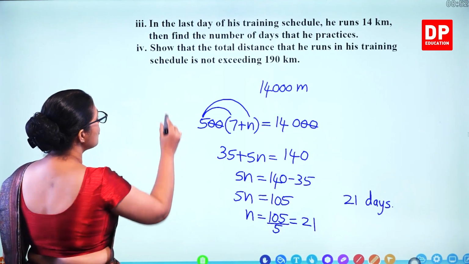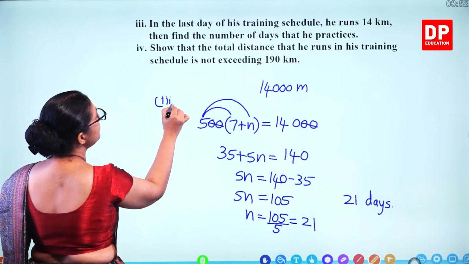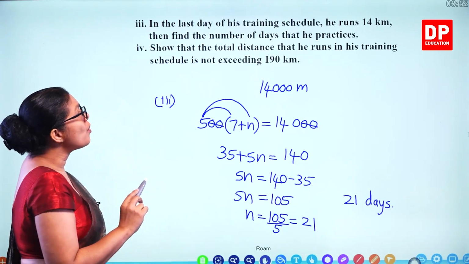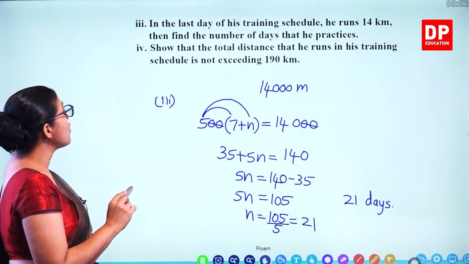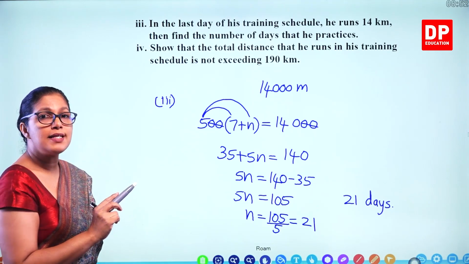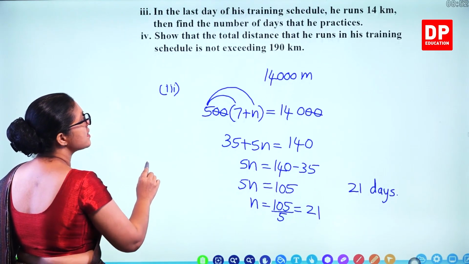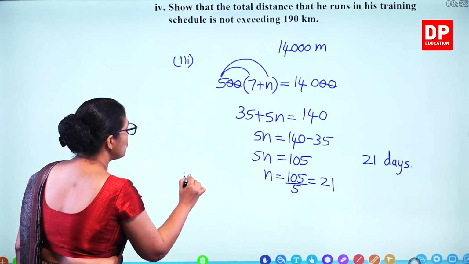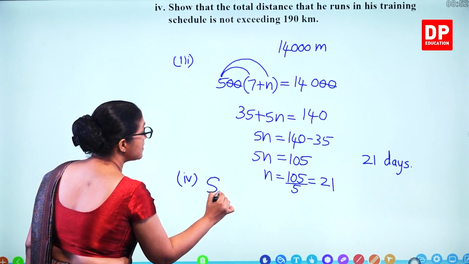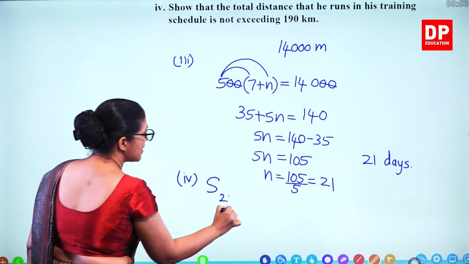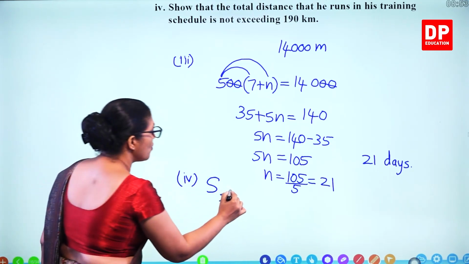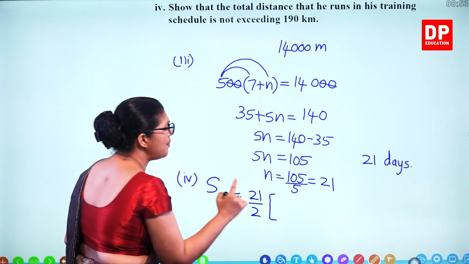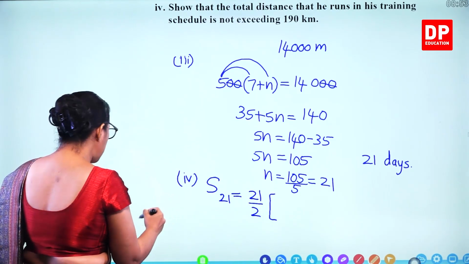Then the last part, so this is the third part. It says, show that the total distance that he runs in his training schedule does not exceed 190 kilometers. So what's the total distance? You have to use the Sn formula. 21 days, S21. So 21 over 2 times the first day. How many kilometers?